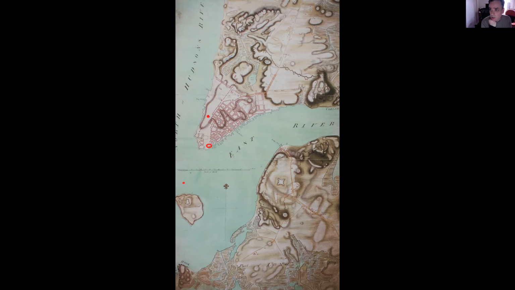So strategically, why would Washington burn down the city? Well, you could say he was from Virginia and he didn't care about New York. And there may have been part of that, but strategically, he had just given up the city and the British had taken over.